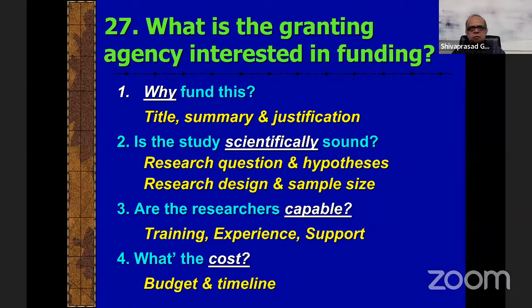So the first and second are the most important things that the reviewers of your grant application will be looking at. If they're convinced of the first two, they do compromise a little bit on 3 and 4, especially 4.